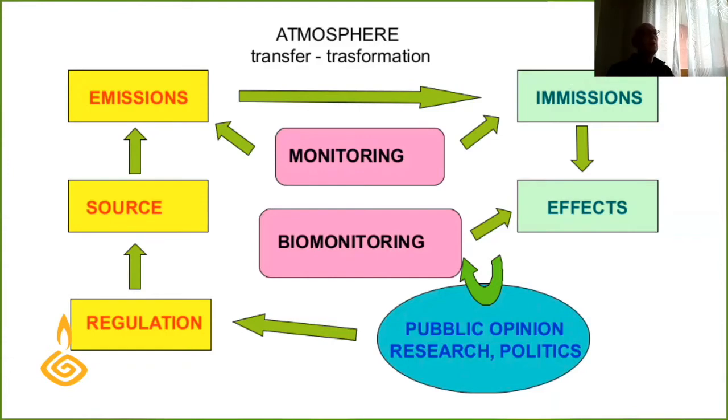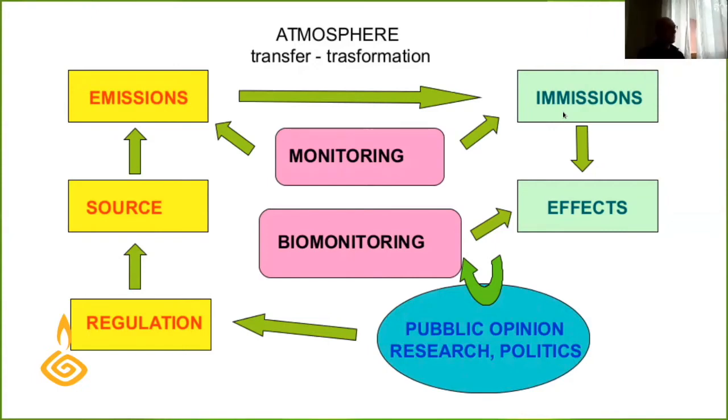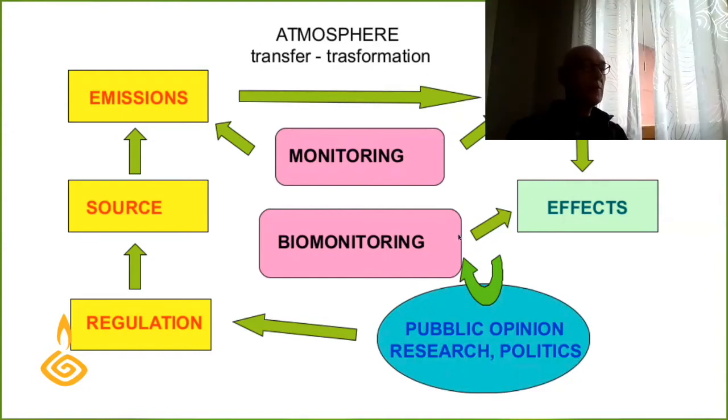Emissions can be measured by normal instrument devices that measure sulfur dioxide, nitrogen dioxide, PM, and so on, and they cause effects on living organisms. So if you stop to measure the emissions at the level of the device, you have monitoring. If you measure the effects on living organisms, you have biomonitoring, biological monitoring.